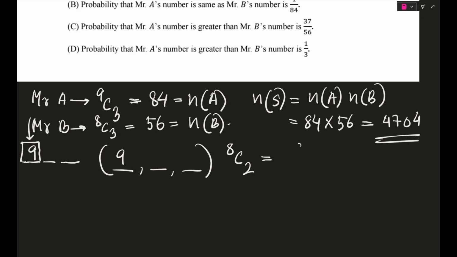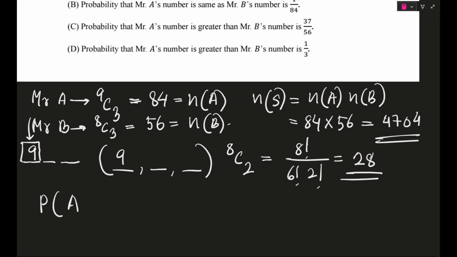If you calculate 8C2, this will be 8 factorial by 6 factorial, 2 factorial. So 8 into 7 by 2, 56 by 2, this will come out to be 28. So the probability of A always being greater than B, you can write AL also if you want.